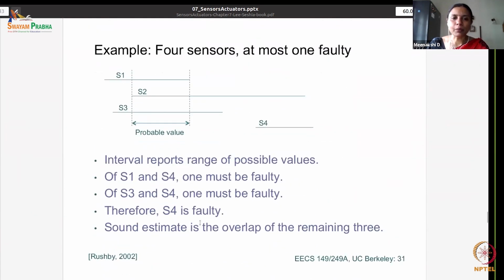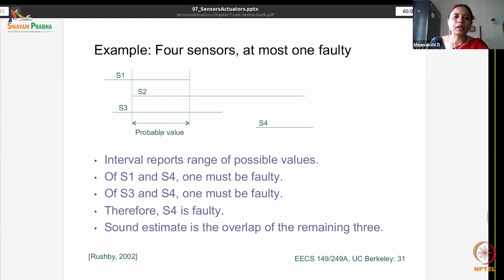So here is an example of how it works. Let's say we have four sensors, S1, S2, S3, and S4. If the sensors are working, they measure the same value, and if a sensor is working right, you expect it to report values in this interval that is marked out as the probable value.